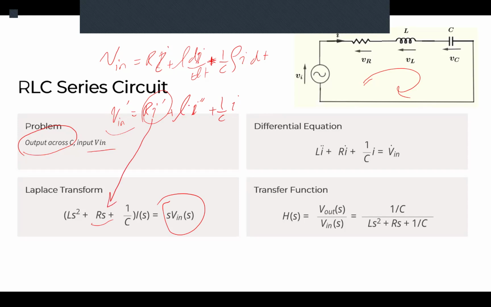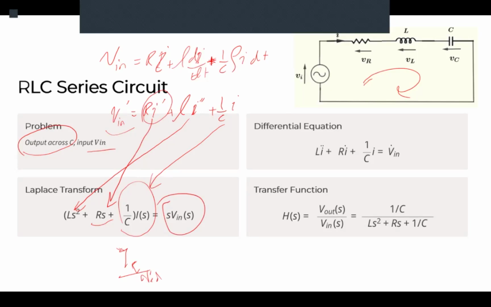This one becomes LS squared times I. And this one is simply 1 over C times I. And now we can calculate the current here. We can calculate the current of the capacitor versus V in.